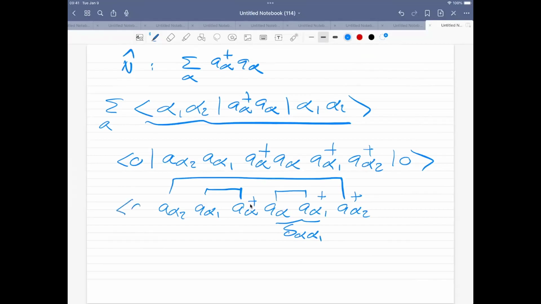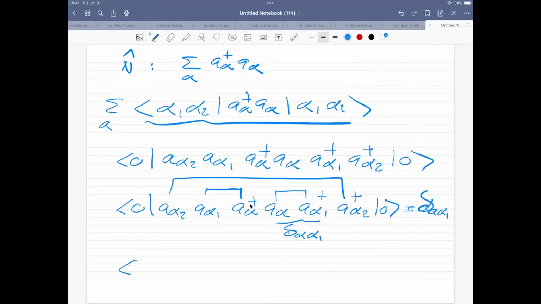So, and this is an expectation value now, which simply gives us that we have delta alpha 1, and then obviously have alpha 2 equal to alpha 2, which is obvious. So I'm just gonna set up the Kronecker delta of alpha 1.